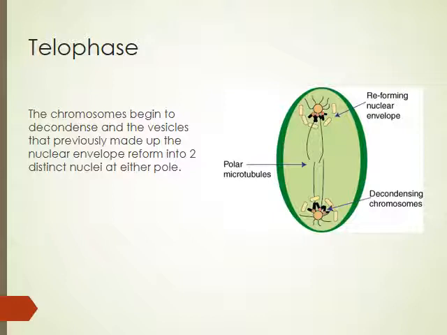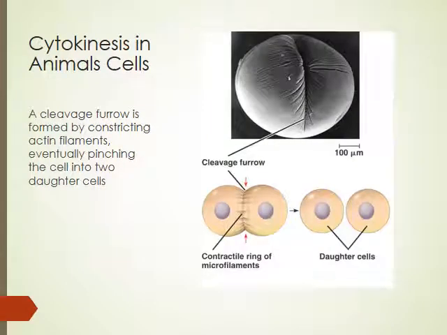Then we have anaphase, where the chromosomes get pulled to either end of the cell. And then you have telophase, where the nuclear envelope reforms, and the cell has two distinct nuclei. We have not split the cell. That comes with cytokinesis.